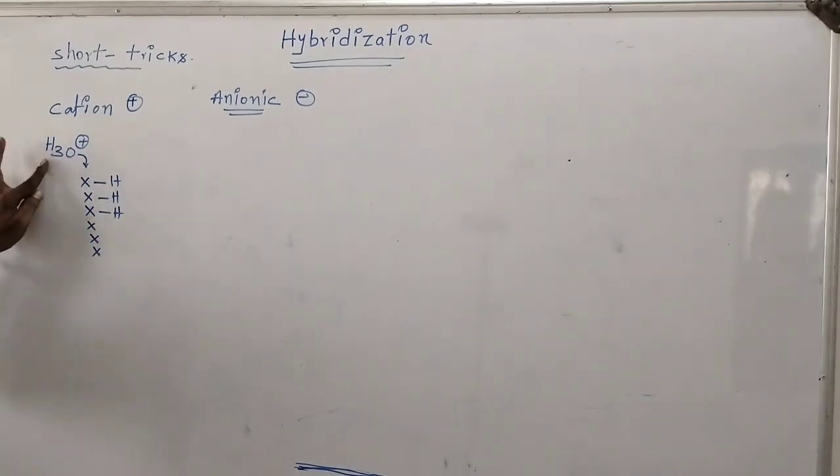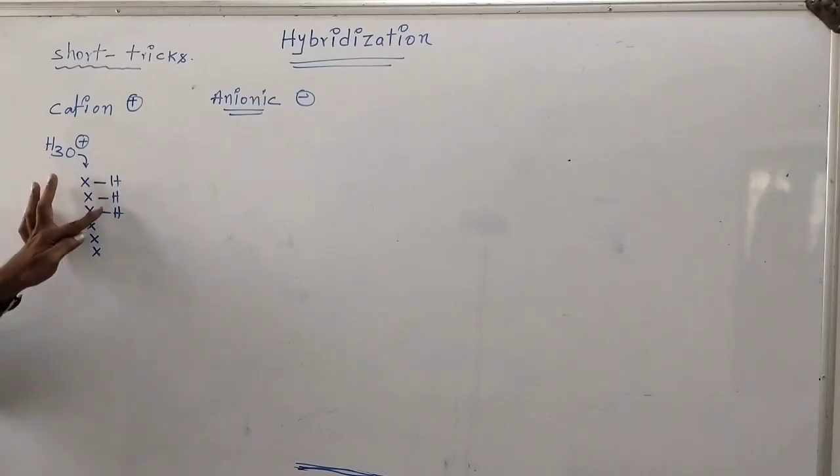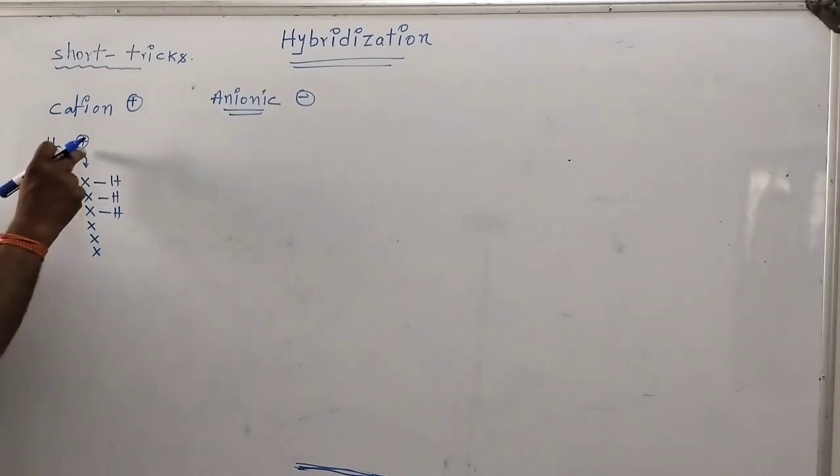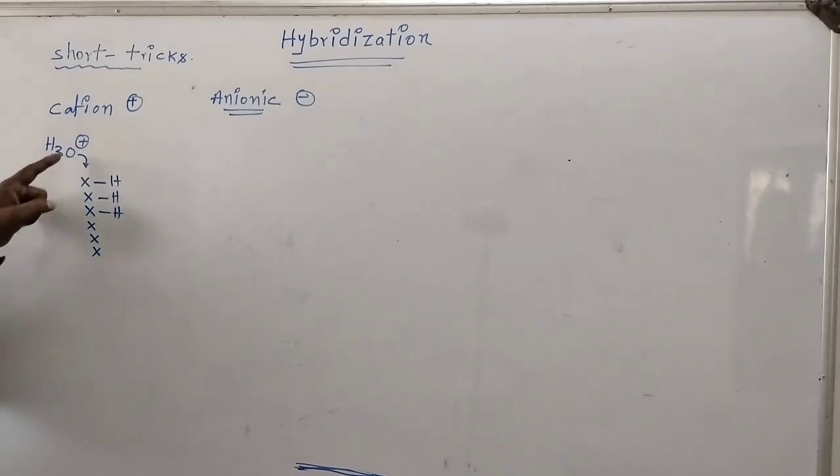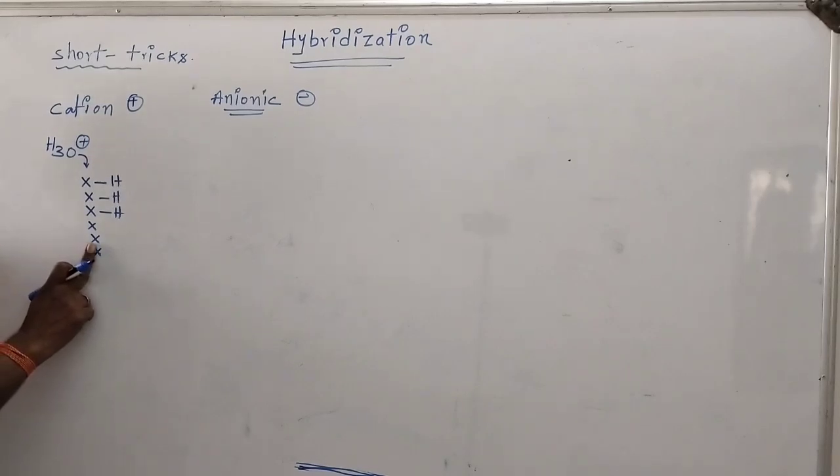Okay, so 3 surrounding atoms are there, attached with oxygen as the central atom. Next, a positive charge is there. What does it indicate? Loss of electron. Loss of how many electrons? Loss of 1 electron. So we remove 1 electron from the central atom's group number.